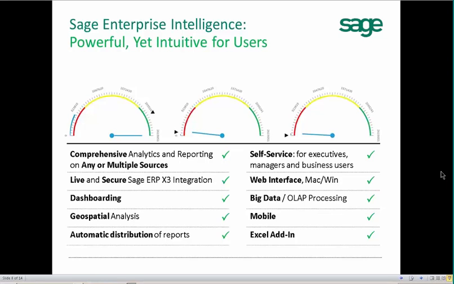We can work with big data. So for example, building data cubes, OLAP cubes. We can work across multiple devices, and you'll see that in the demonstration. And finally, we can get into presenting the information in different ways, whether it's Excel or whether it's on a Google map, for example, with geospatial analysis, which sounds really technical, but it's really simple.